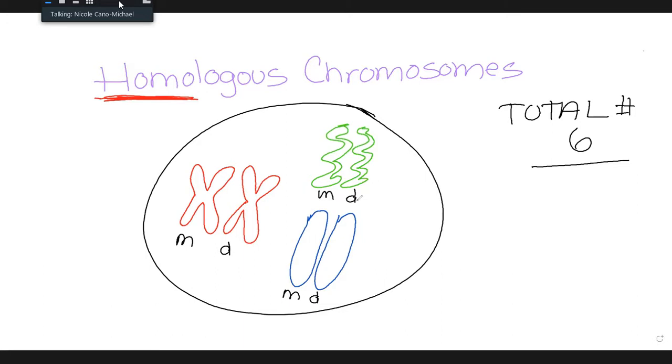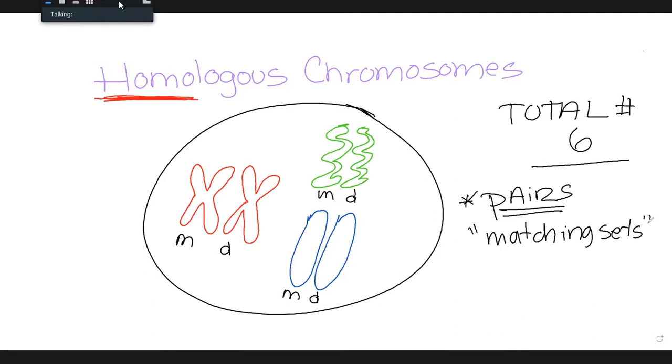So if I have a set of homologous chromosomes, that means that I have pairs of chromosomes, and those pairs are basically the matching sets. If I have homologous chromosomes, that means that they're about the same size. Remember, homo is same, so same size, which they kind of are.